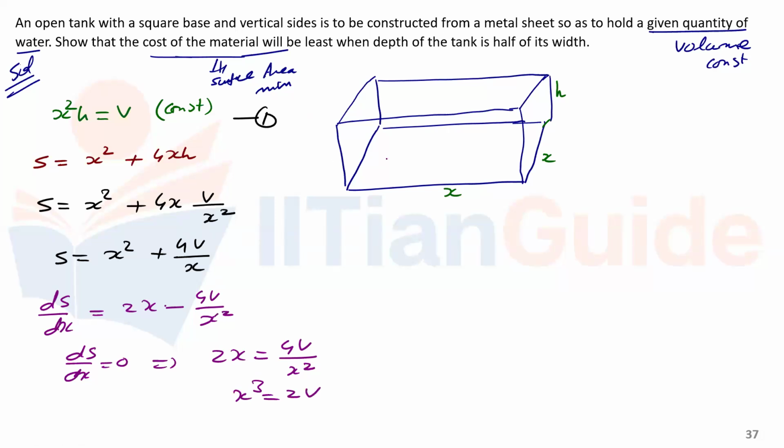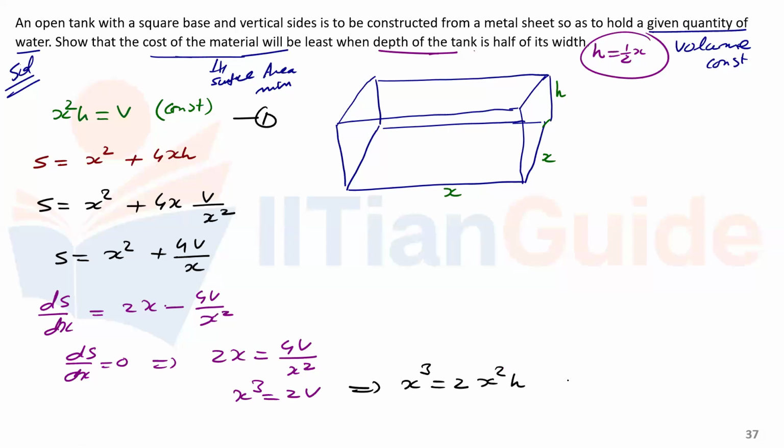Okay, but we need to prove that the depth of the tank or height, the h, is half of the width. We need to prove h is 1 by 2 of x. That we need to prove. But anyway, don't worry. Okay. I got x cube is 2V. I'm just writing x cube, that is 2. The value of V I'm writing from the first equation, that is x square h.